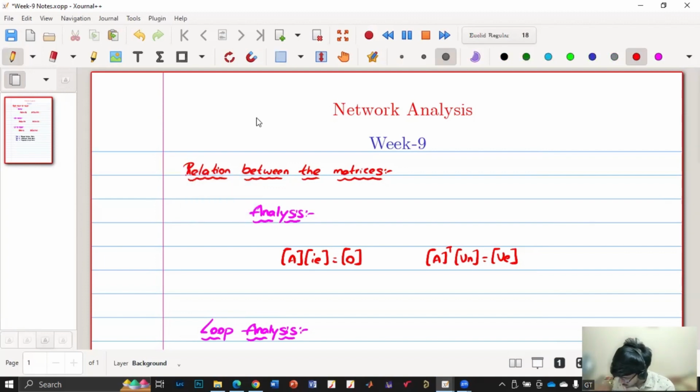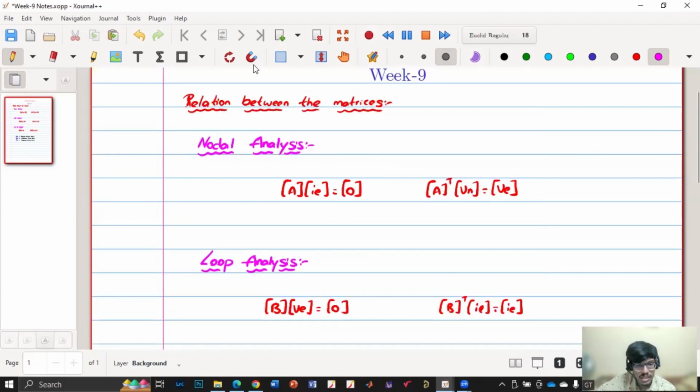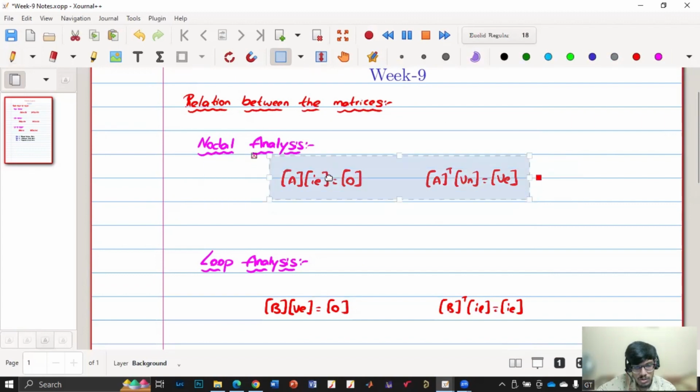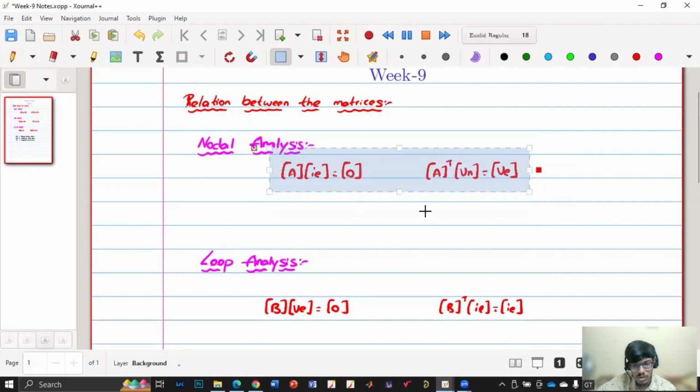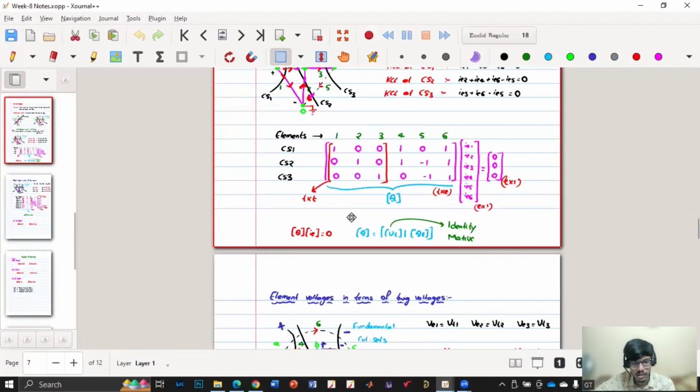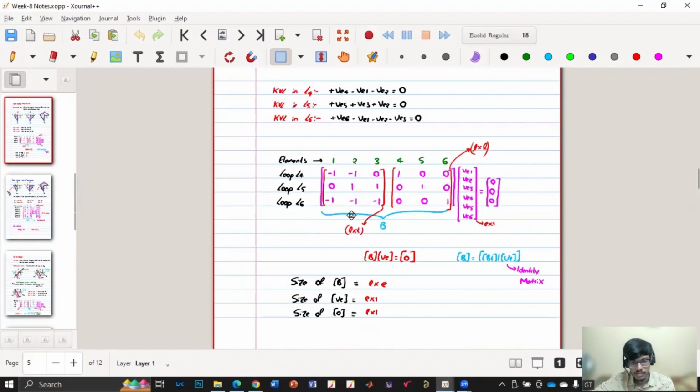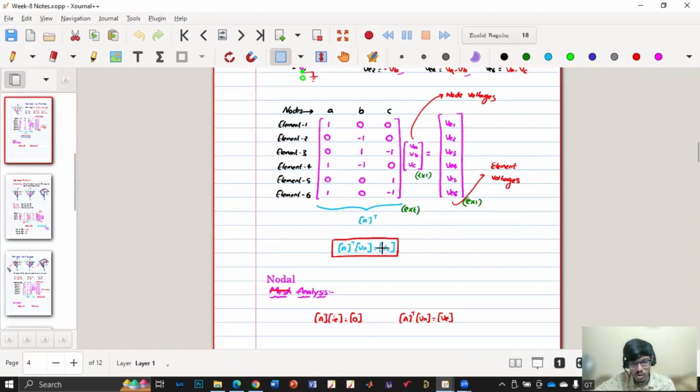So this is mesh analysis, nodal analysis. So we got this equation: A into IE is equal to 0 and A transpose into Vn is equal to Ve. And also, if you go back to our previous equation, we know that the A matrix consists of two parts.